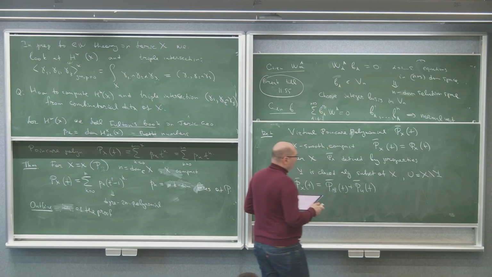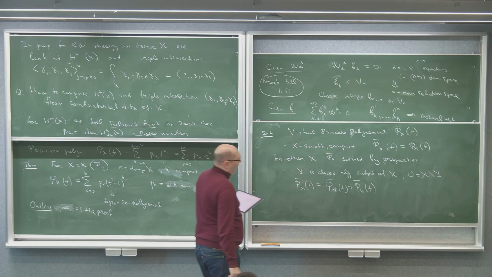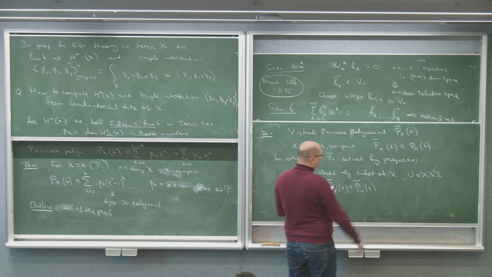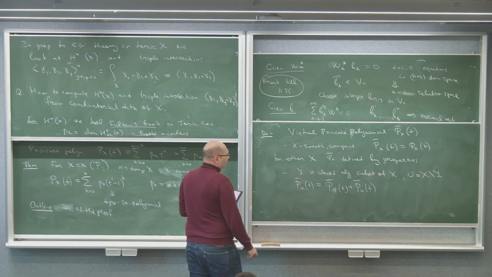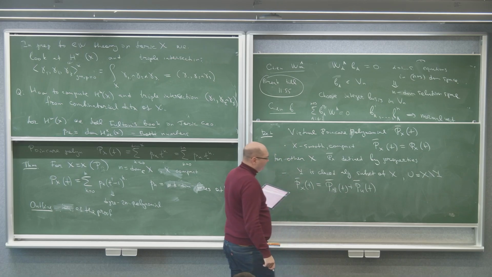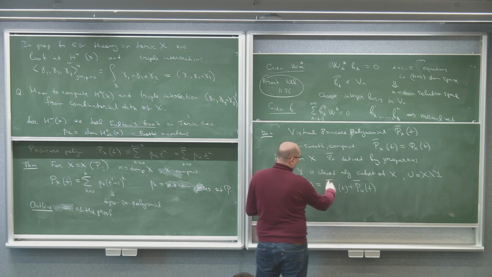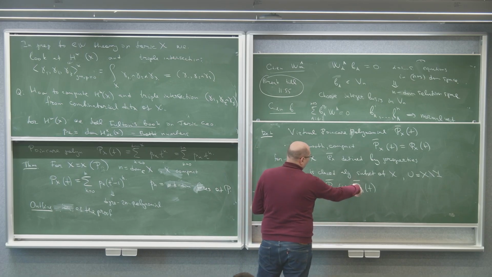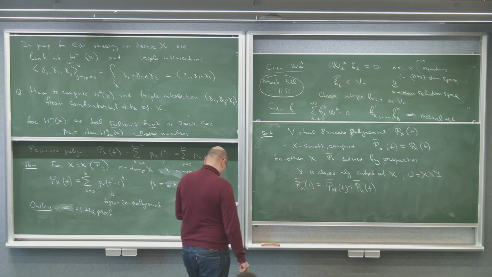So if we cut a subspace from X, then the virtual polynomial on X is just the sum of virtual polynomials for the part that we cut and the remainder.